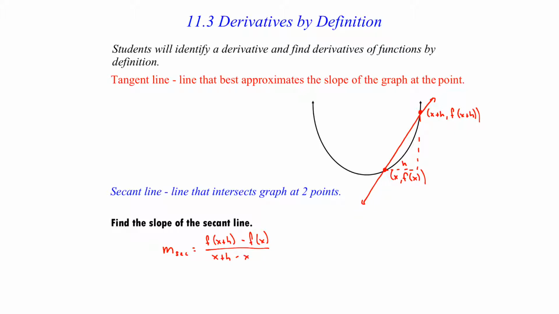This is the change of your x values. Well, you can see that the x's cancel out, so we can simplify this as f of x plus h minus f of x over h. So that would represent the slope of the secant line, a line that intersects the graph at 2 points.